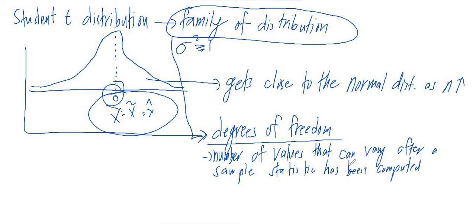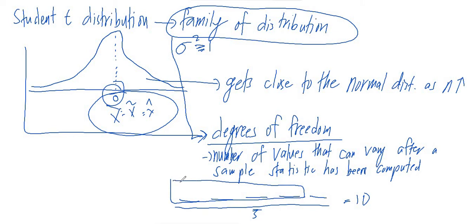What do we mean by this? Say for example, we have 5 numbers, and the mean of these 5 numbers is 10. The 4 here can be any number. However, this number is fixed because we want our mean to be 10.